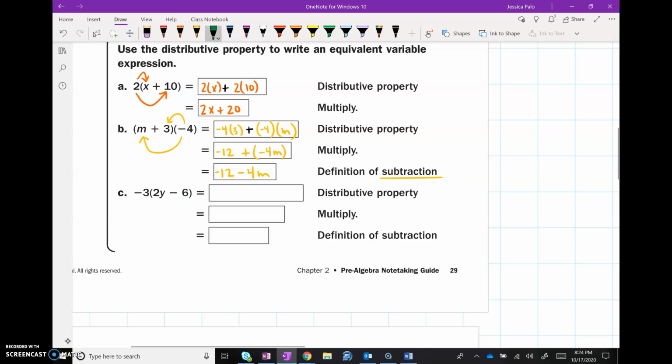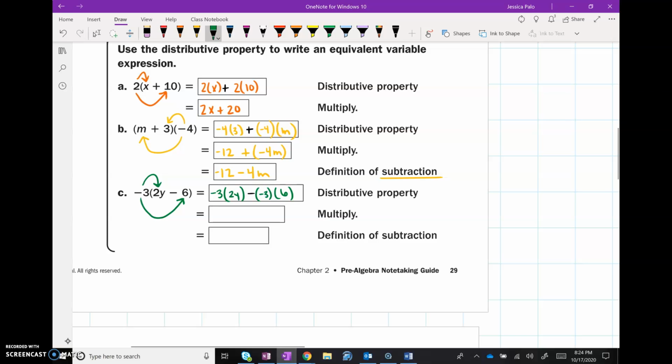So we are going to distribute our negative 3 to 2y and our negative 3 to our 6. So we have negative 3 times 2y. We're going to use our given operation, which is subtraction. So minus negative 3 times 6.